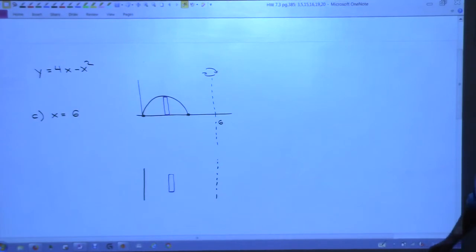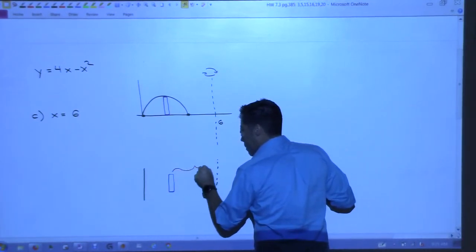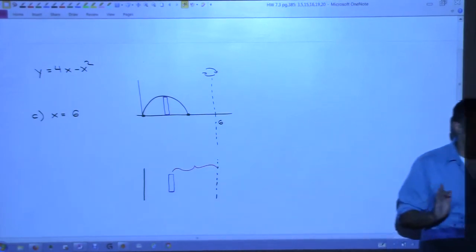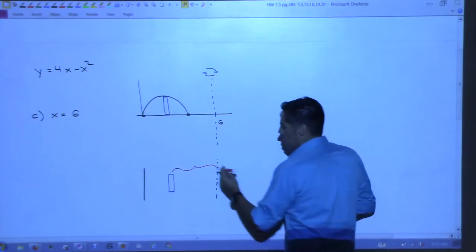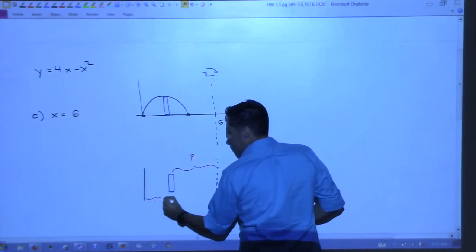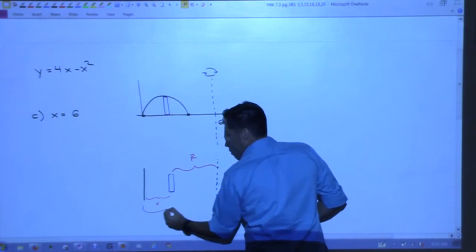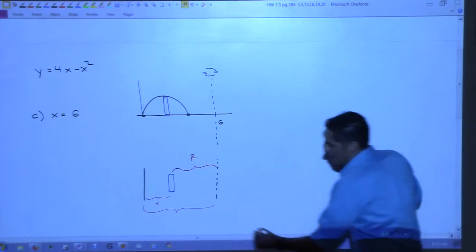So I'm interested in R. R is going to be the distance from here to here, right? From axis of rotation to your rectangle. The things that we know are that the distance from here to here is x, right? And we know the distance from here all the way to here is never changing. That's always just 6, right?